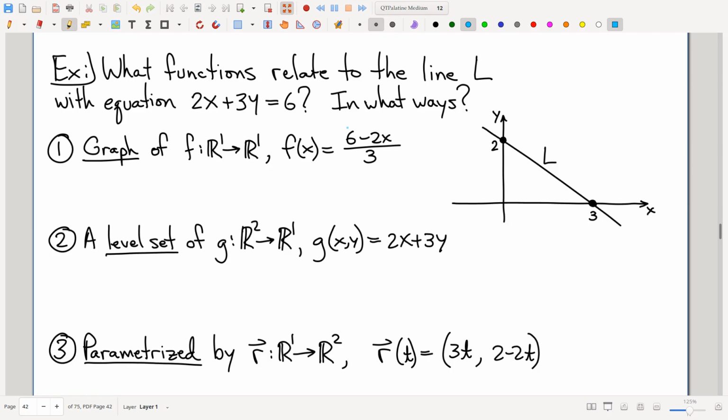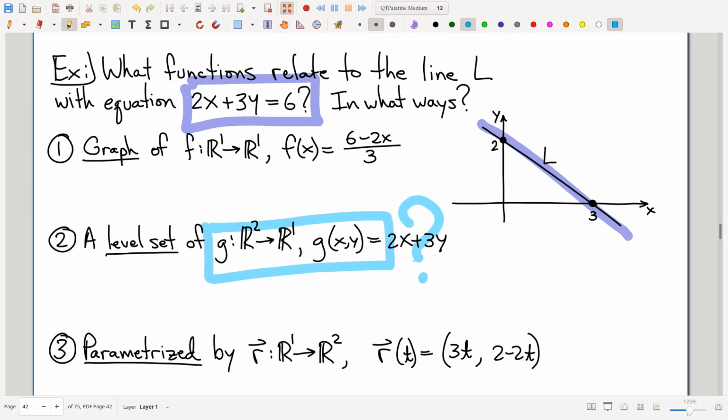Okay, let's start with an easy one. Looking at this line as this equation, let's ask, what is the function g for which one of the level sets is that line? Okay, wait a second. Let's think this through. How do I take a level set of a function? When you take a level set of a function, you set it equal to some constant. So I need to figure out how I can realize this algebra here as being some function equals a constant.